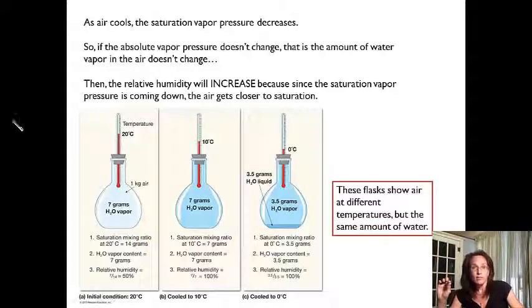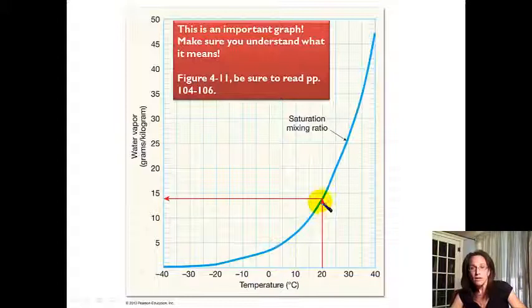And so let's look at this diagram here. So now we have our flask. We start with 7 grams of water vapor, and we're going to cool the flask. And so what happens? Our saturation mixing ratio goes where? Up or down? It's going to go down. Here we go. So we're going from 20 degrees Celsius to 10 degrees Celsius.